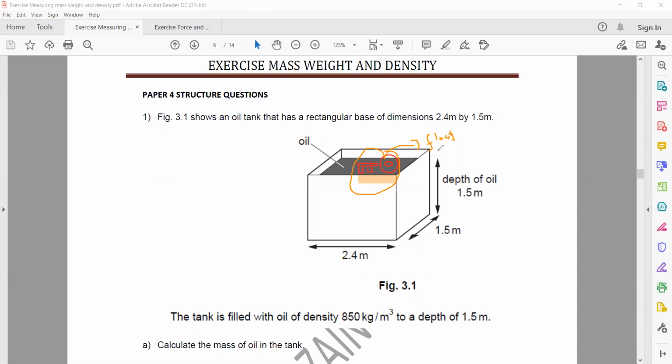So what we can say is that the combined density of the wood and the brass key is less than the density of the oil.